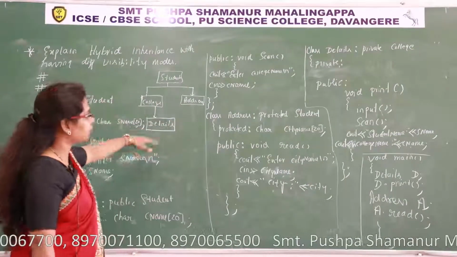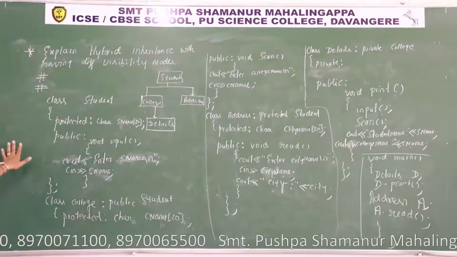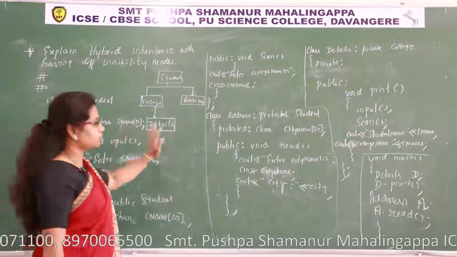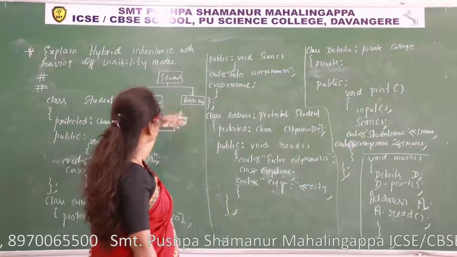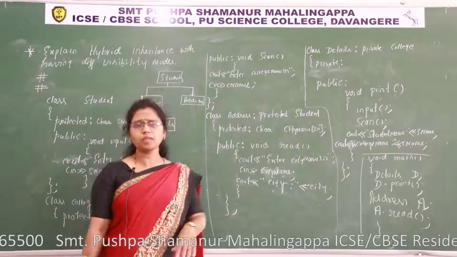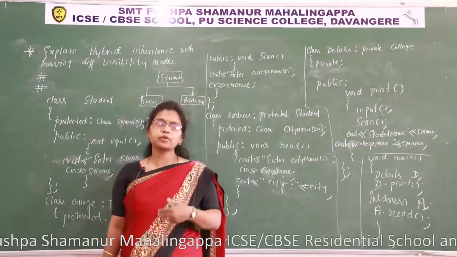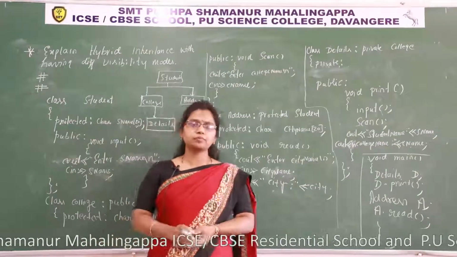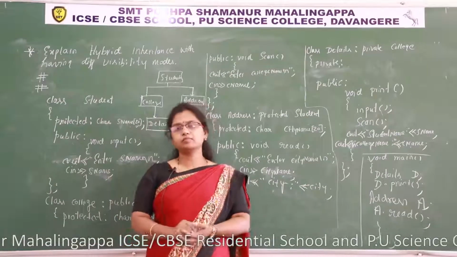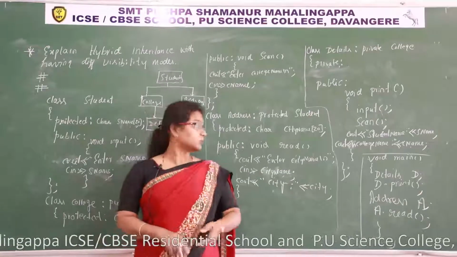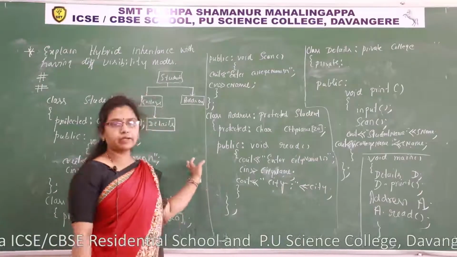In this way we can implement this concept. I hope you understood this hybrid inheritance and the variety of programs we discussed in these chapters, and you can try some more problems yourself which are there in the material. I'll give that. I hope you understood the inheritance chapter.